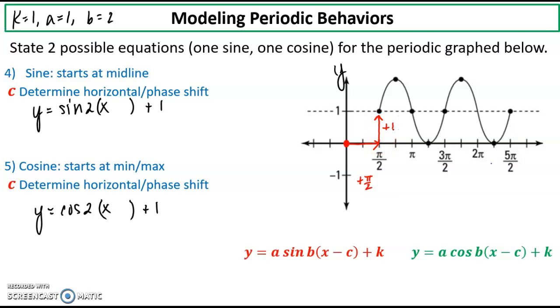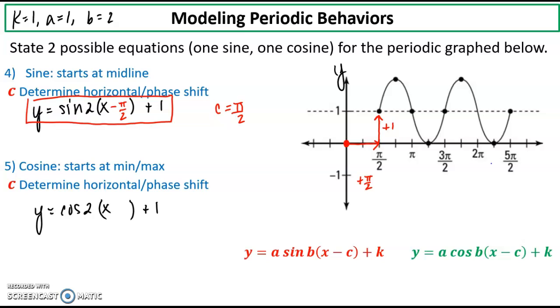We already verified the plus 1. That's my k value. So how much was my phase shift? I moved pi over 2 units to the right. So how do I represent that in my equation? I have to subtract my c value. There's my sine equation.